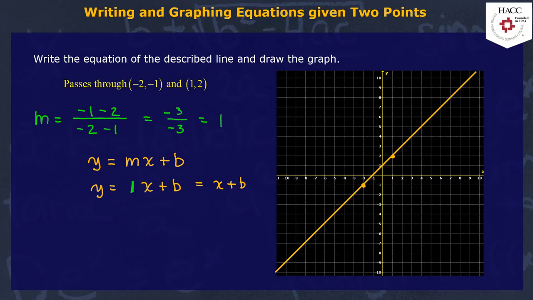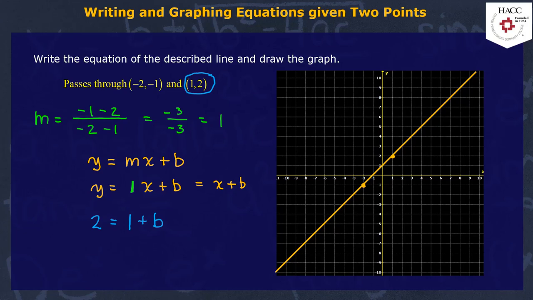Now, another method that we could use, you notice I'm starting with slope-intercept. I didn't put this into point-slope first, which is something I could definitely do as well. Once I know what the slope is, I can choose one of the points and plug that into the slope-intercept form, where I'm going to use the x-coordinate as x and the y-coordinate as y.